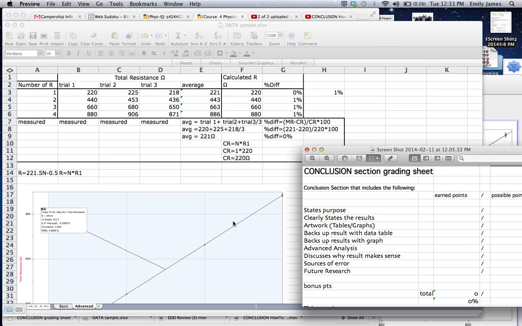Or you could say, in the next lab, I want to hold the number of resistors constant, but change, I don't know, the total resistance and see how it affects the current. That's a related question, but it is not the same question.